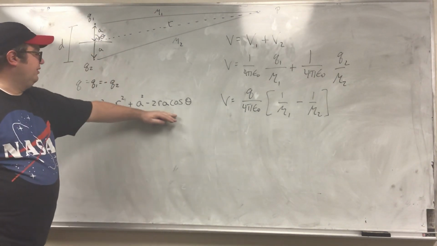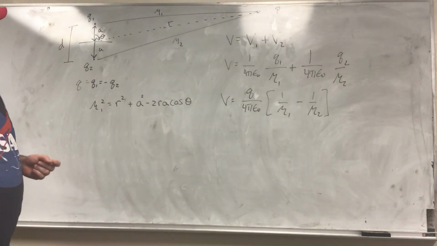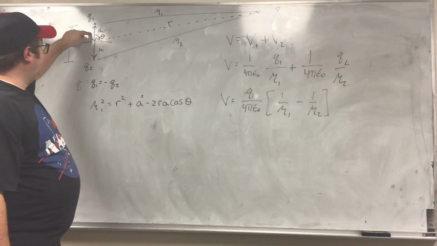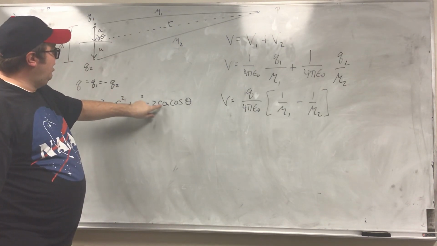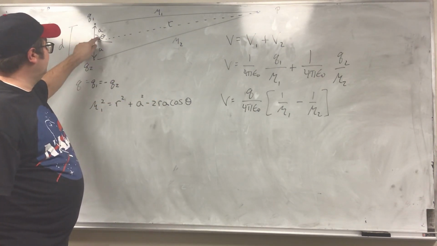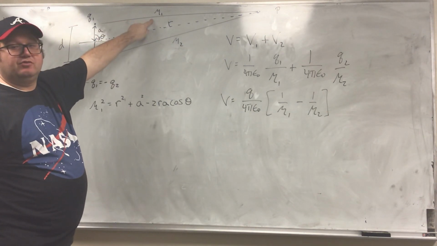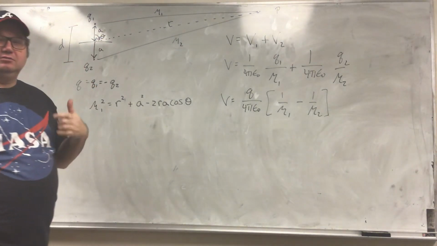So what I'm doing here is just writing down the law of cosines, right? A squared plus r squared minus 2ra cosine of the angle is equal to script r1 squared. Again, law of cosines.